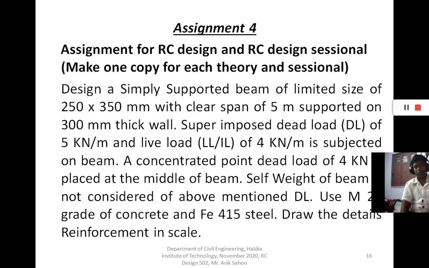So this is the design problem I have discussed of doubly reinforced section.